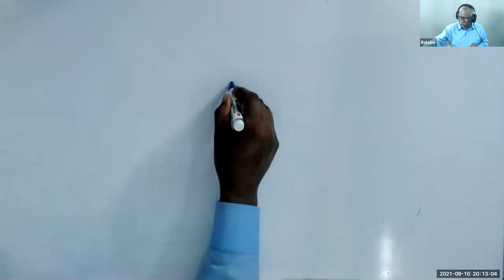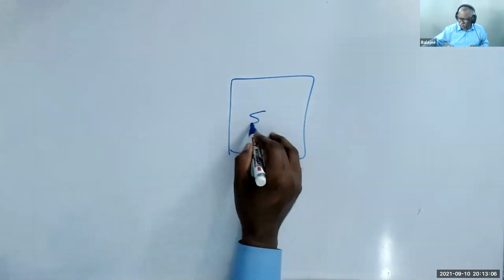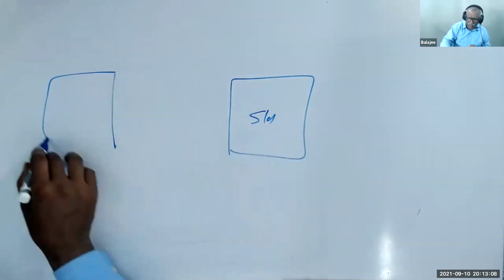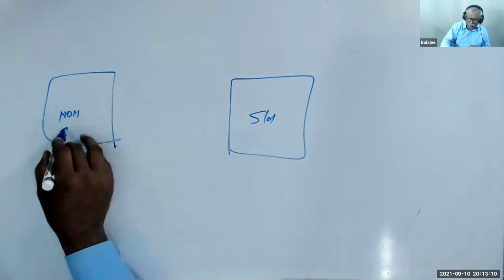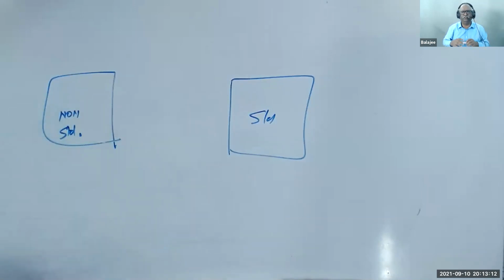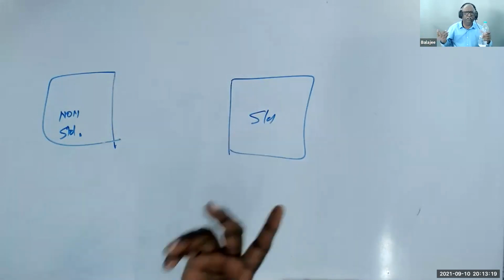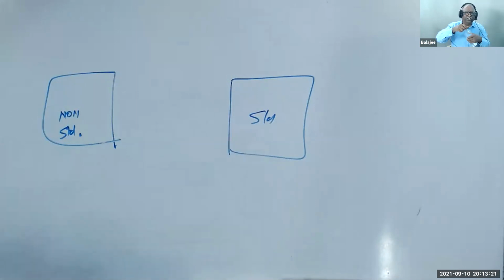See, one should be standard, one should be non-standard. Then you will understand it. That's a trick. If you do both non-standard, then you don't know who is wrong, who is right.